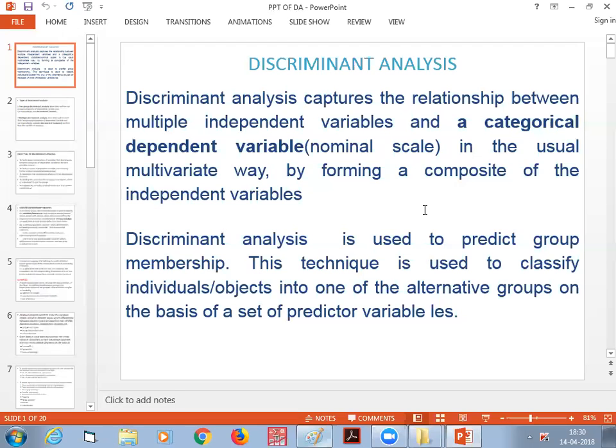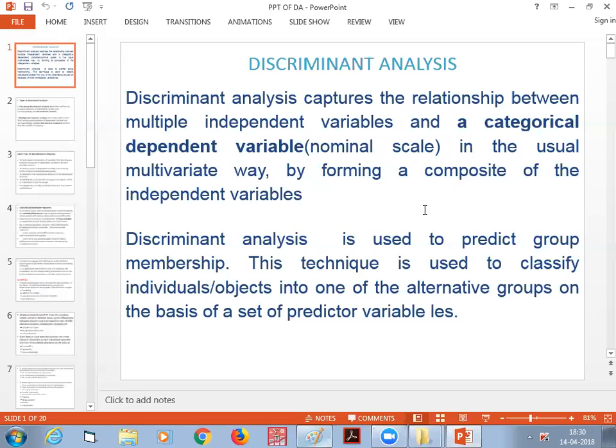So that way, wherever you want to put things into two categories, two groups, like what I said: large bank, small bank, high user, low user, buyer or non-buyer. Only two groups is called a dichotomous group.